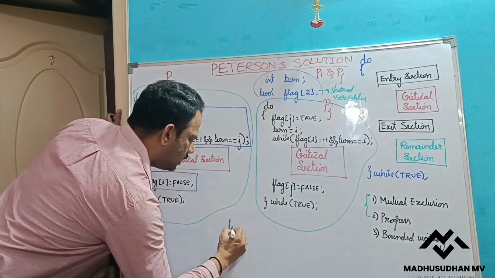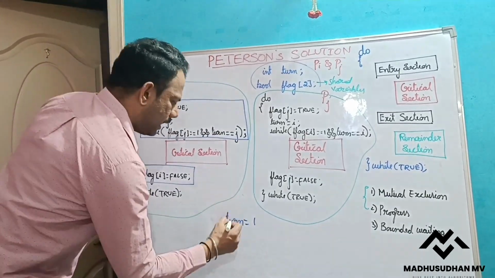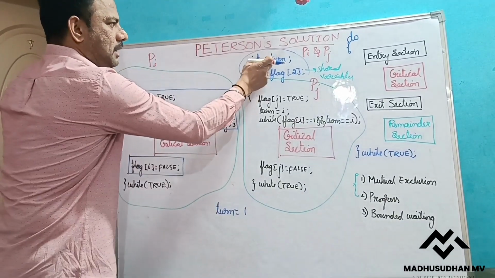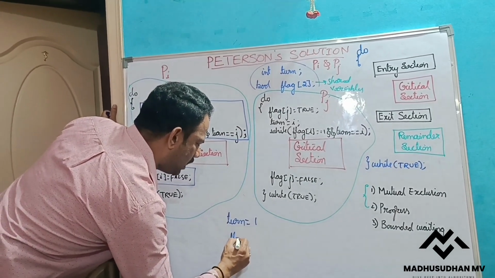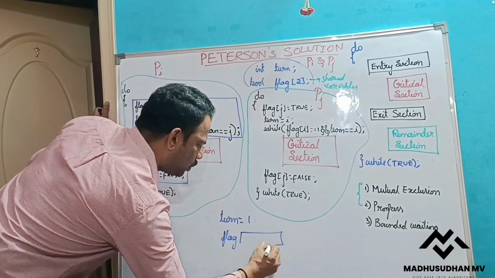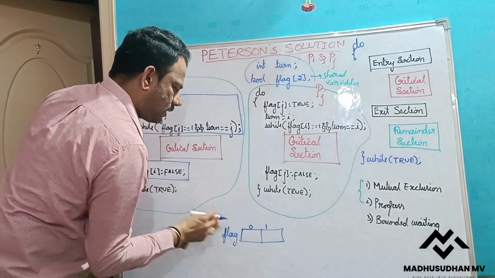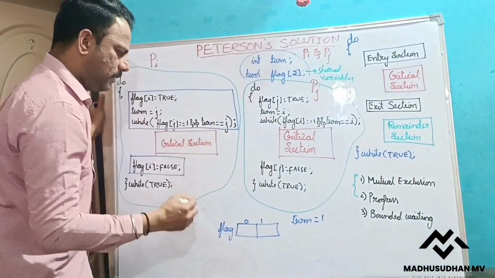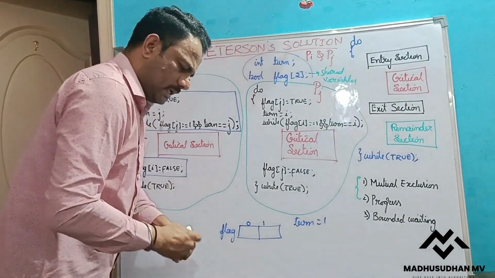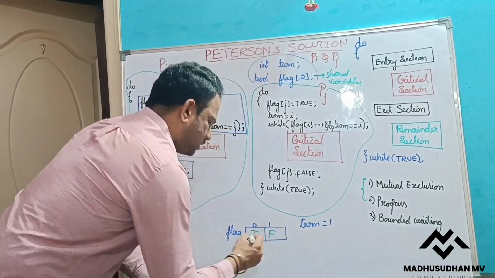Assume initially turn is equal to 1. Turn is an integer variable. And flag is a boolean variable, so it has two entries, at index 0 and index 1. Assume initially flag for one is true and the other is false.